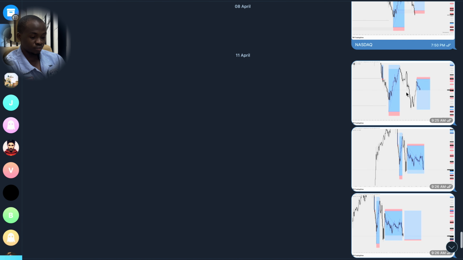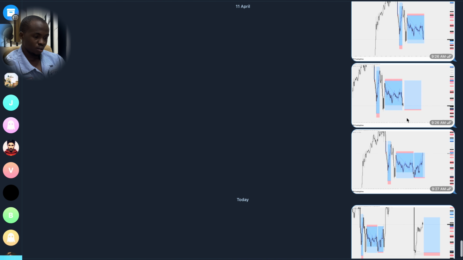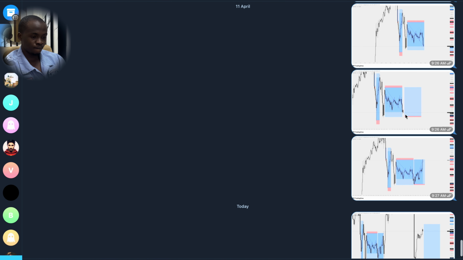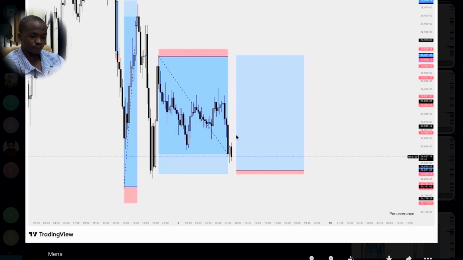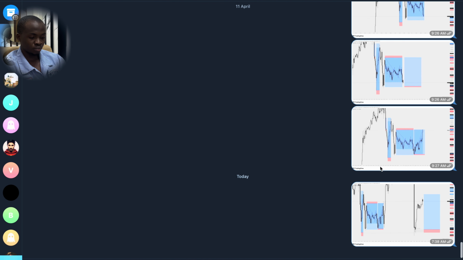And then this is just the second one. And then this trade, this was my first trade that I used CRT to take. I don't trade CRT, but a friend of mine just explained it to me, and then I just tested it, and it actually worked out.